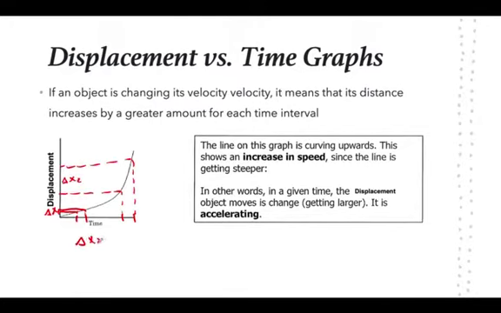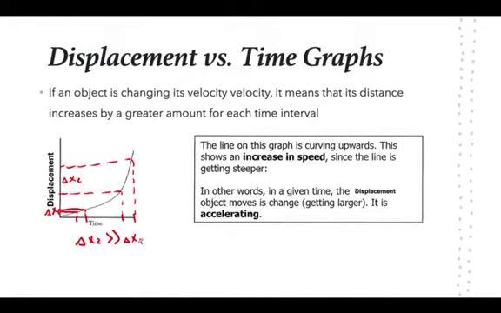So I can say that delta x2 is much greater than delta x1. So if during the same time interval the displacement increases and increases and increases, then we can say that this object is accelerating. It's not going at constant velocity, but it's accelerating.